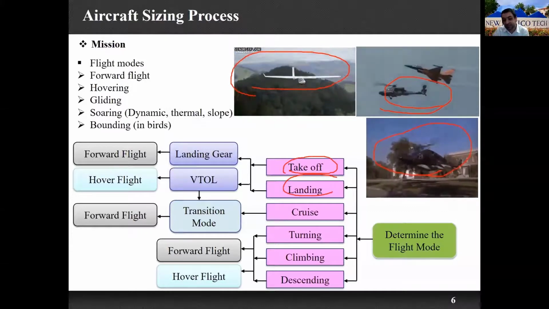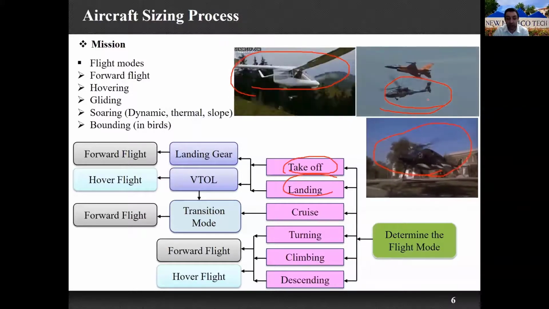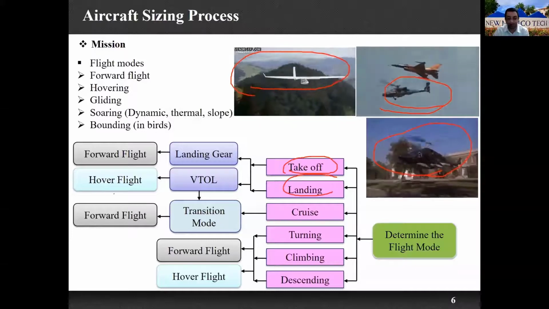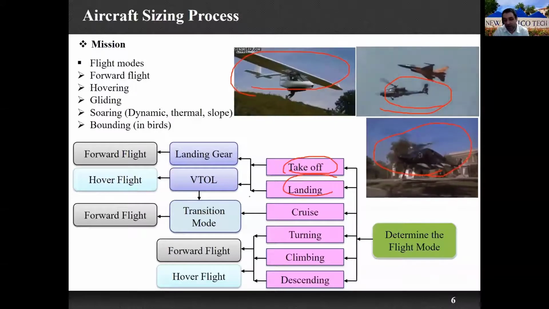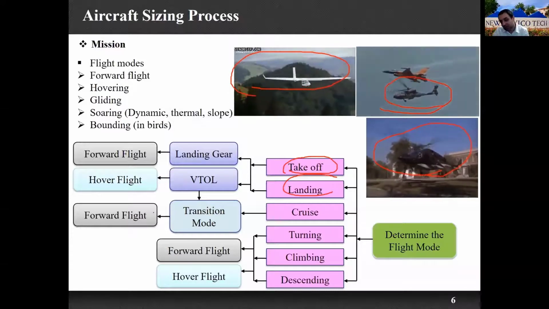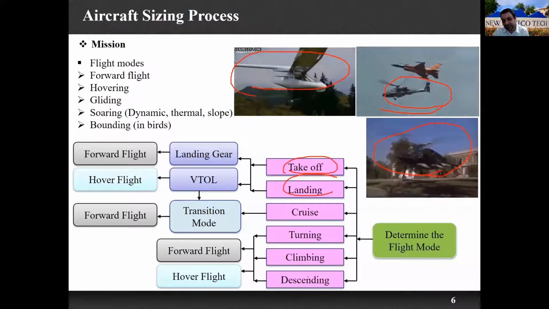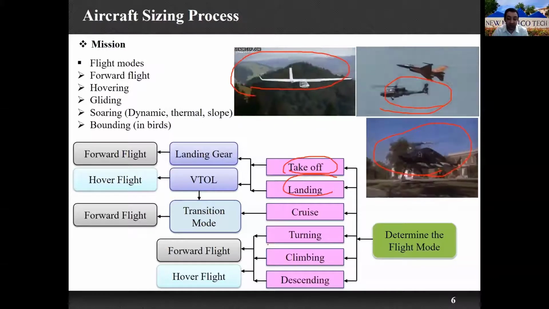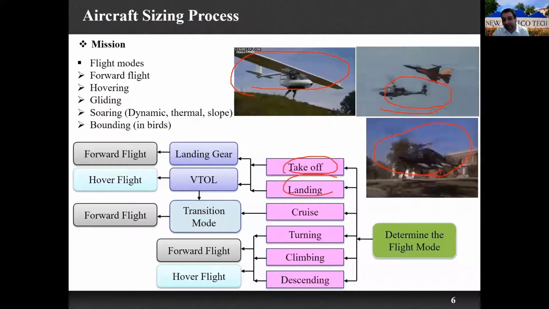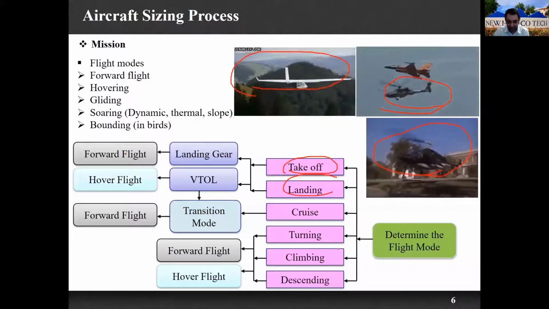If your concept is a VTOL, vertical takeoff and landing, like this helicopter, we don't need a runway, they can do the hover flight. Or for cruise, you can have the transition to forward flight, and for turning, climbing, and descending, the airplane can do forward flight or hovering flight. So we can have different flight modes for each flight phase that we have here.